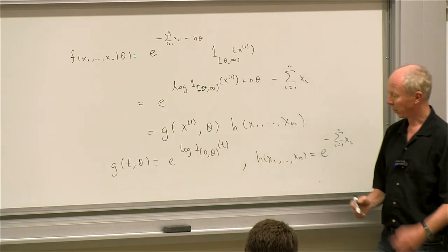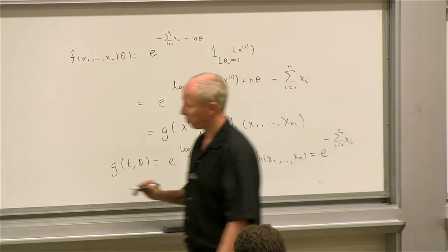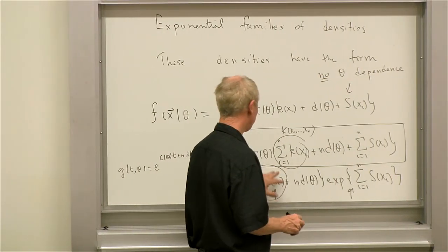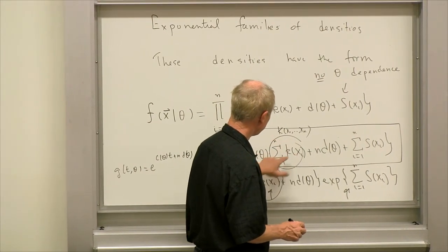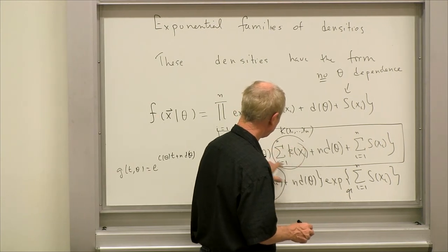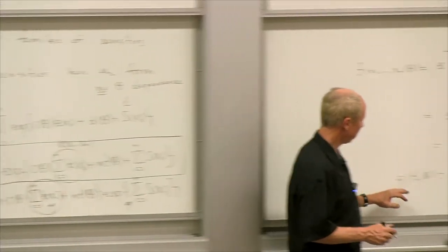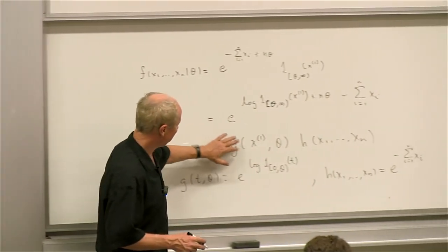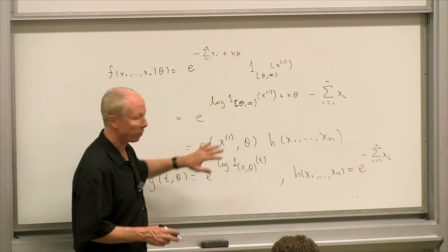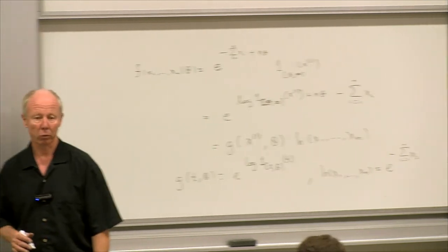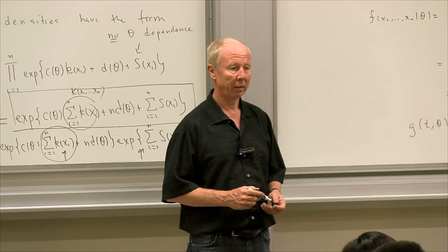I didn't need to do all that extra stuff about exponential families, but this does not have to be a sum of these. It could be a function like this. But I'll go to that next time. So here we factored it, and so the minimum is a sufficient statistic for theta.